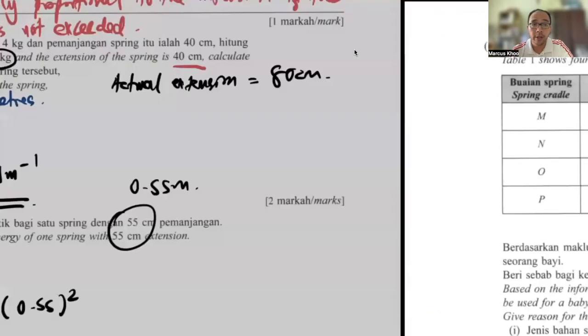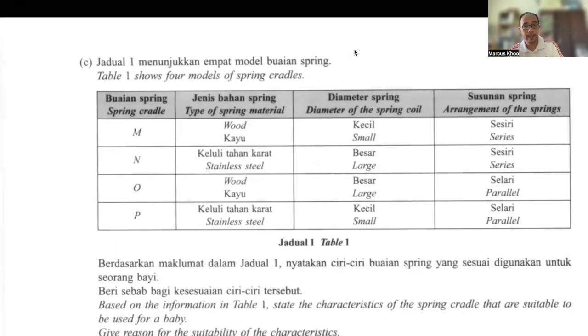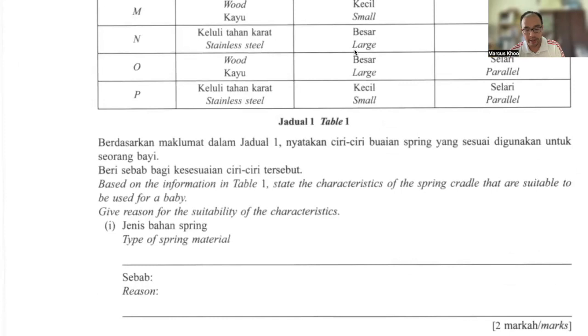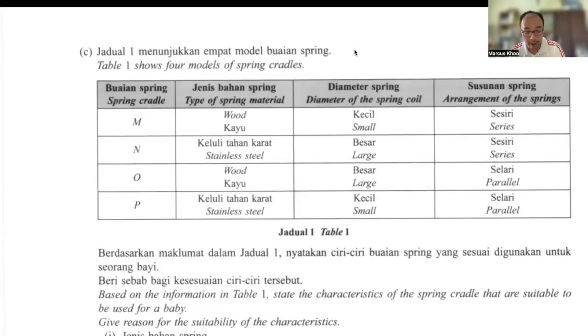Okay, let's carry on. Table 1 shows 4 models of spring cradles. Based on the information, state the characteristics of a spring cradle that are suitable to be used for a baby. If we analyze, we want to use it for a baby, right? So obviously we want stainless steel. We don't want wood.